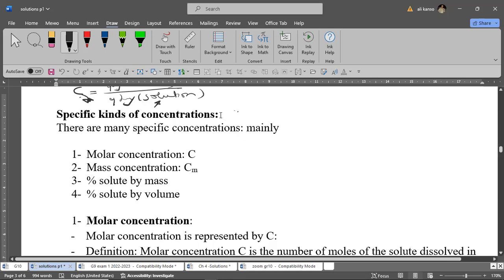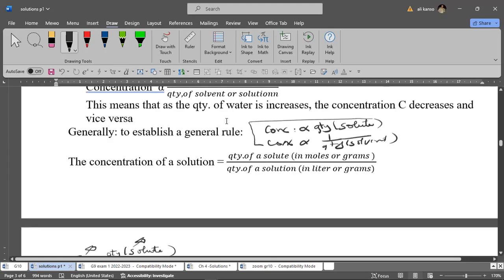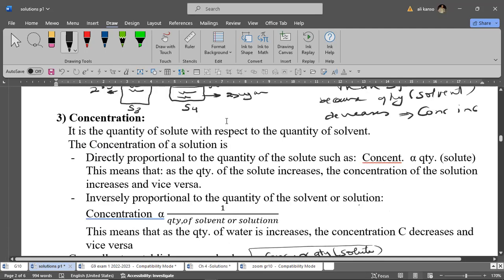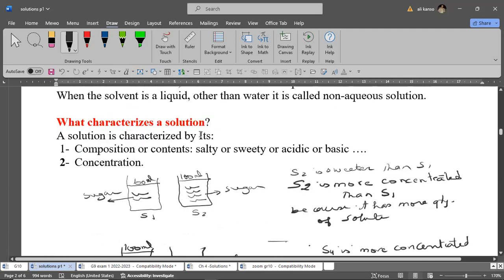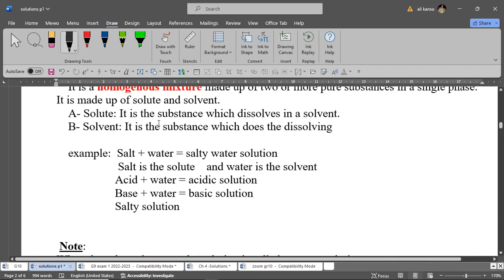Then, in order to understand these topics clearly, let us discuss the specific kinds of concentration. This information is general, but you have to know what a solution is. A solution is a composition of a solute and a solvent.